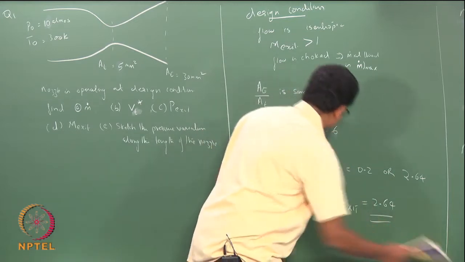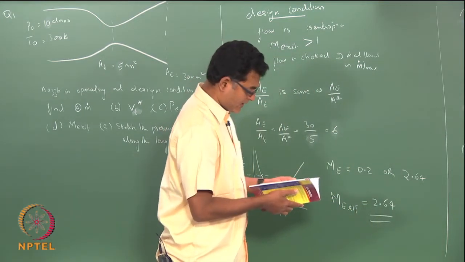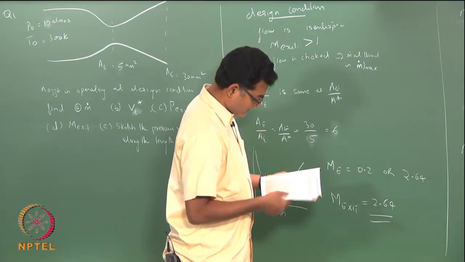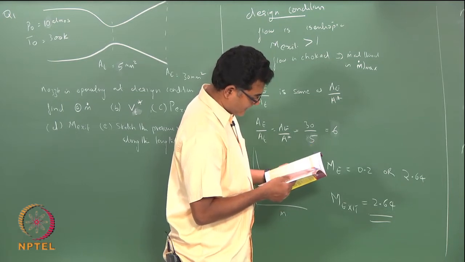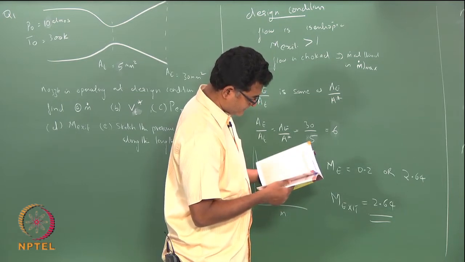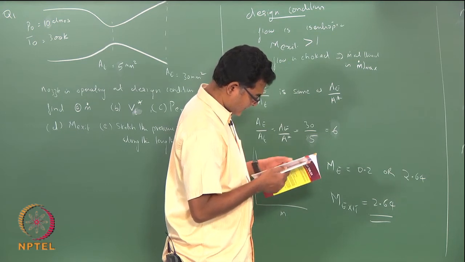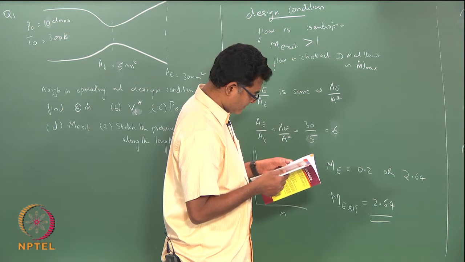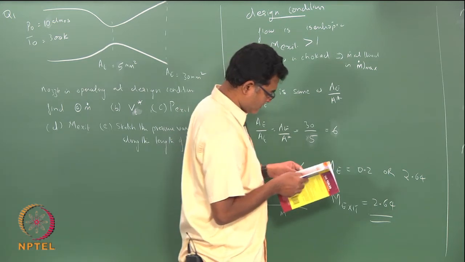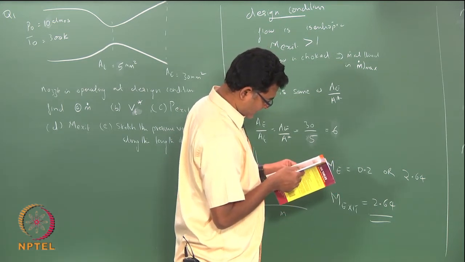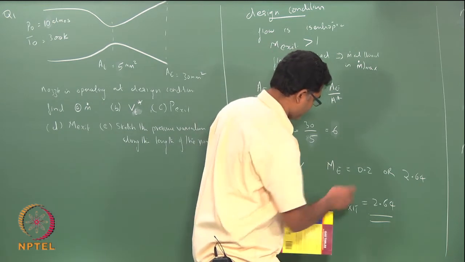If you look at the gas tables, AE by A star, a value of around 6 is 0.095.